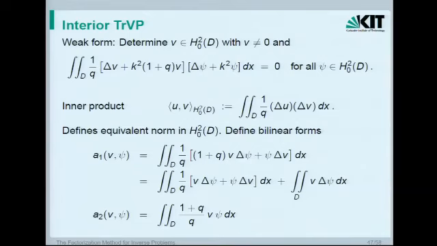If you collect terms, you have one part, 1 over Q delta V delta psi, then parts with k squared, 1 over Q, 1 plus Q, V delta psi, and one with 1 over Q psi delta V. Then there's one part with k to the fourth, k squared times k squared, that is this part.